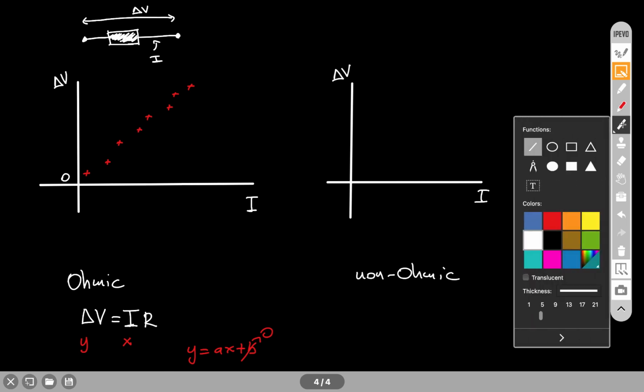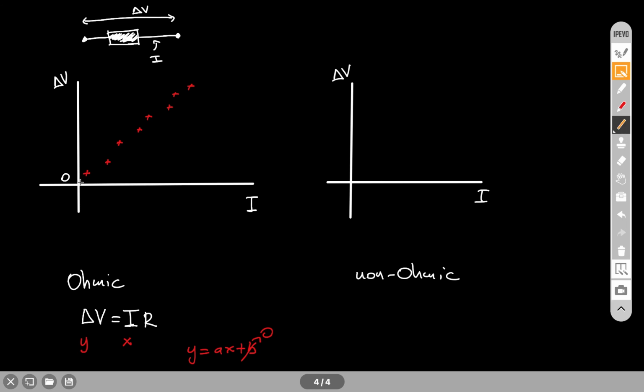Now, when you have that, if it looks like a straight line, which it does, the relationship between delta V and I is linear, then you can do a fit.